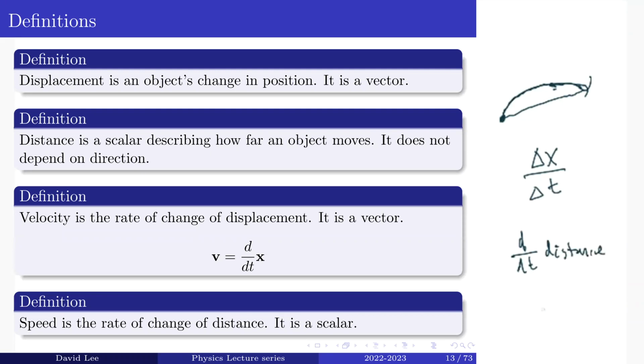So I think this will work out to be the speed is often just going to end up being the magnitude of the velocity, because distance is kind of the magnitude of displacement.